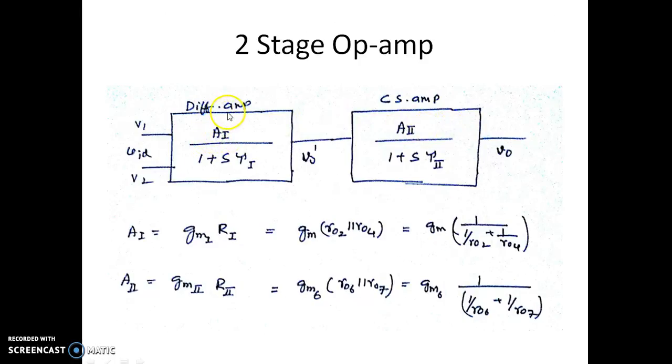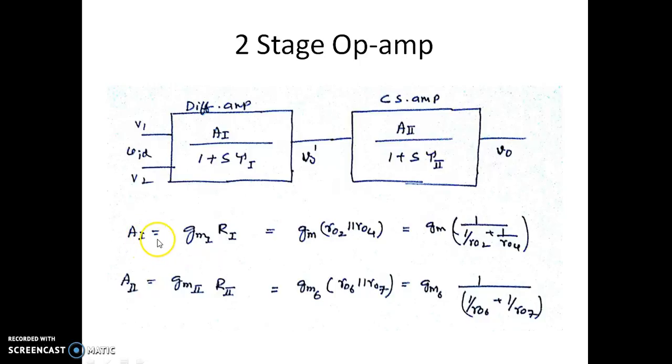Let's assume that differential amplifier stage, which we consider as first stage, has got a gain of A1, and a pole with a time constant tau1, it is 1 plus S into tau1 happens to be the representation of the pole. And similarly for a CS amplifier, we have A2 as the gain of the CS amplifier, and we have a pole with a time constant tau2.